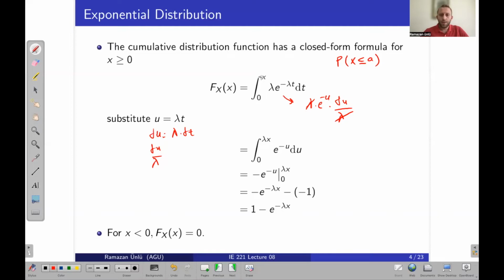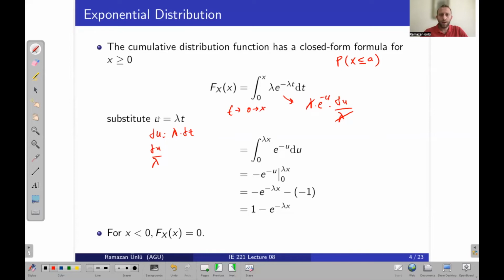This limit is for the x value, in other words the t value. But now I changed the variable, so I have to specify the limits for the new variable. The t was from 0 to x.